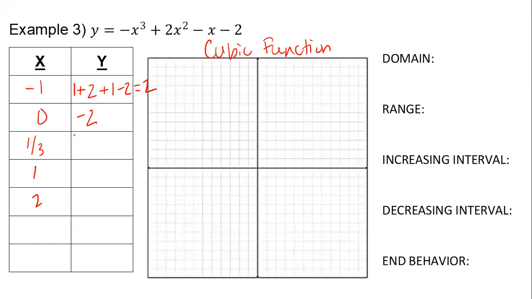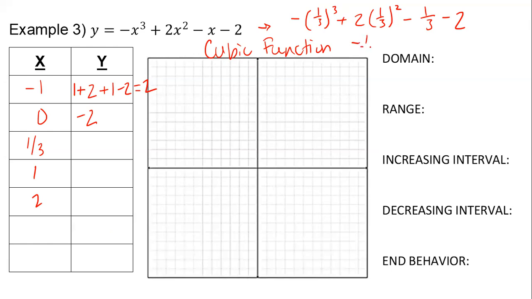Now, I wanted to do the fraction on purpose because we need practice with fractions. So we're going to plug in 1/3. So what does that look like? So if our input is 1/3, we have -1/3 to the third plus 2 times 1/3 squared minus 1/3 minus 2. So the power goes to the numerator and the denominator.